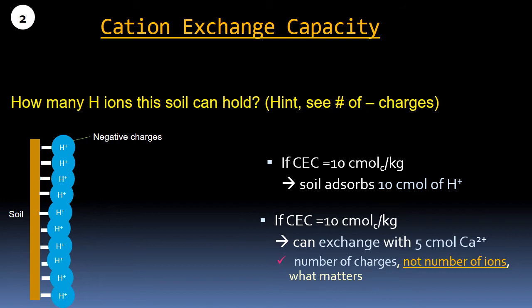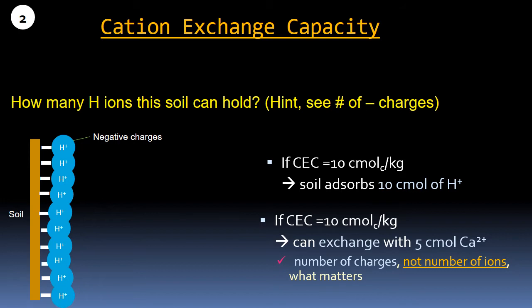And you would see that in this condition of exchange, the most important thing to consider is the number of charges that the soil has, and not the number of ions that exist in the soil, because at the end of the day, that soil must satisfy its negative charges, and therefore it will adsorb a certain number of ions to satisfy that charge.